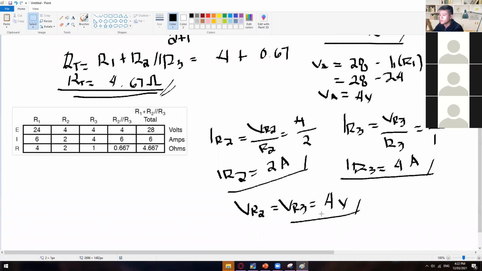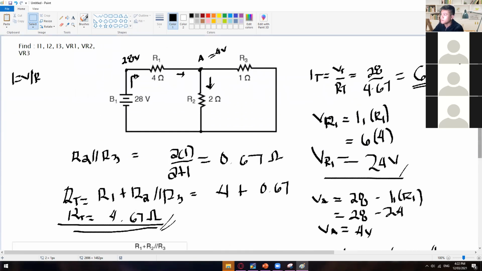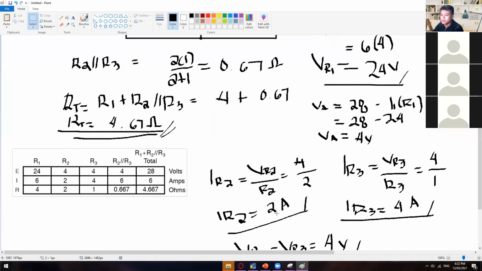Okay, so right here. And for the current on R1, we have 6 amps, which is also equal to our I total, okay, right here. And then we have 2 amps for R2, IR2, right here. Okay, 2 amps right here. And then for R3, we have 4 amps.